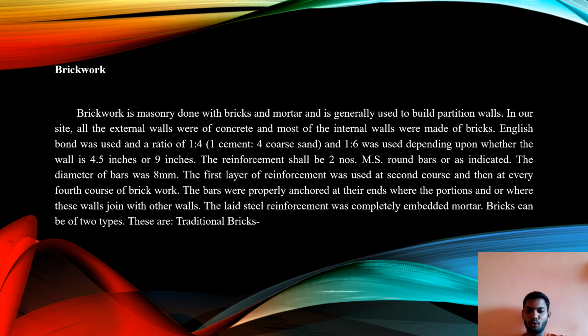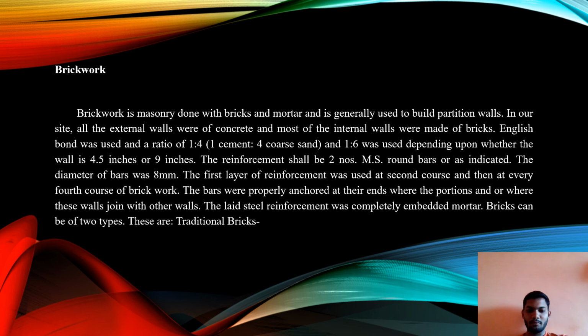Reinforcement shall be 2 mild steel round bars, with the diameter of the bars at 8 mm. The first layer of reinforcement was used in the second course, and then in every fourth course of the brickwork. The bars were properly anchored at the ends, where the walls join each other. The steel reinforcement was completely embedded in mortar.